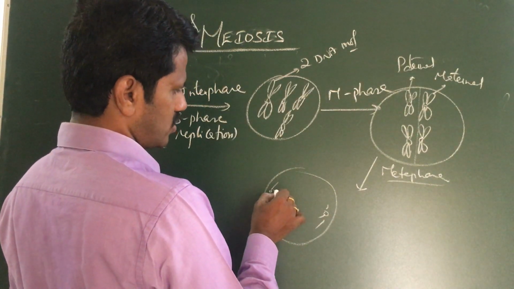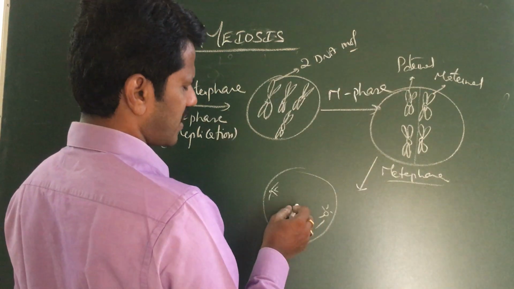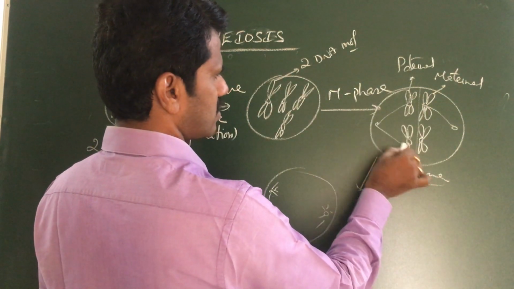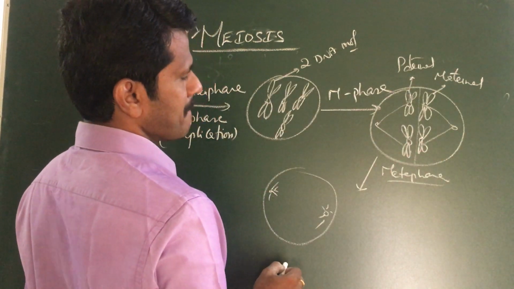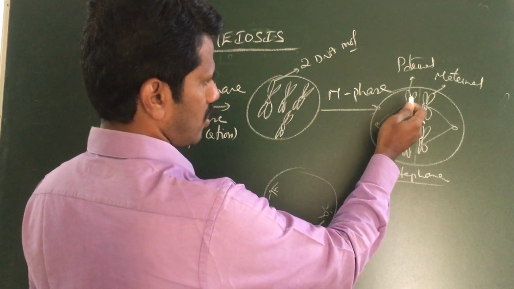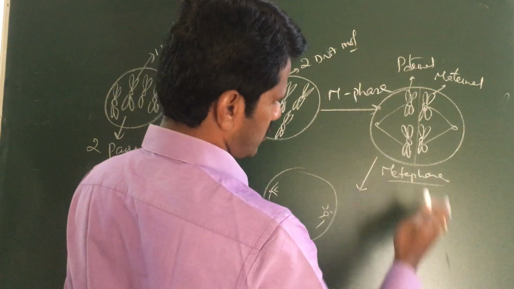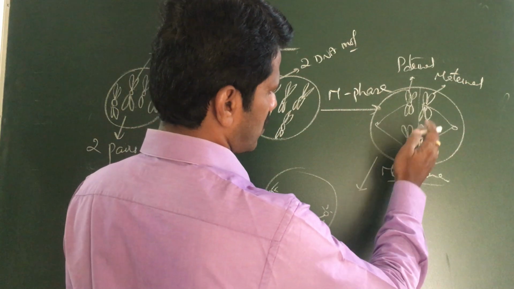When spindle fibers attach, the chromosomes will separate. So here the number will get reduced into half. That is why we call it reduction division.